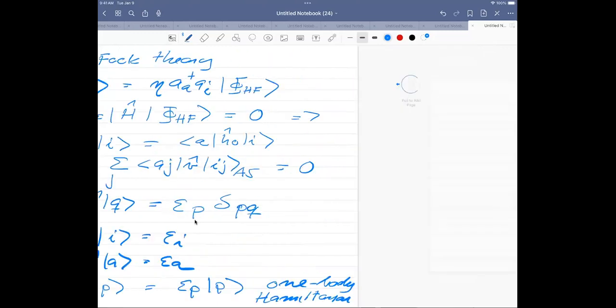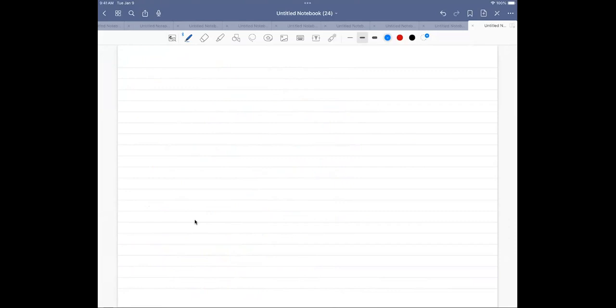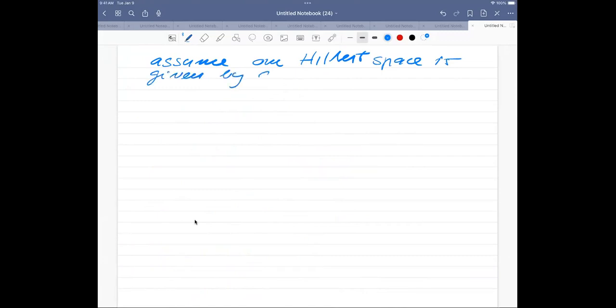So if you now think of a world where we only have zero particle, zero hole, and one particle, one hole excitations, assume our Hilbert space is given by only zero particle, zero hole configurations and one particle, one hole configurations.